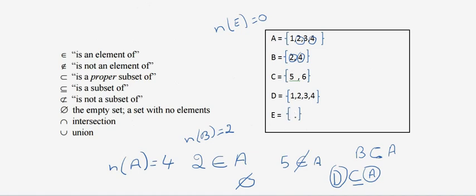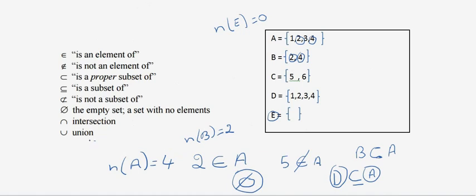Just a point of caution here: an empty set is not a set with 0 elements. It's a set which has nothing. In this scenario, there is nothing in this set. That's why set E in this case is an empty set, which will be defined with this particular symbol. And then there are other symbols. For example, there is a union.